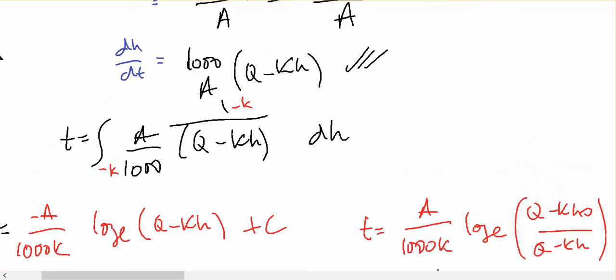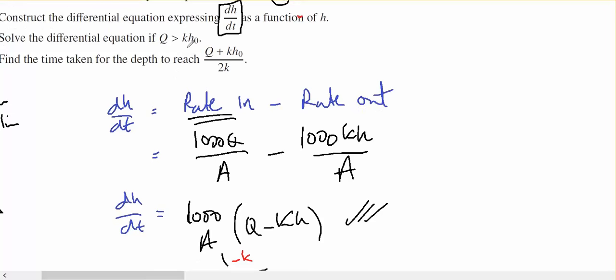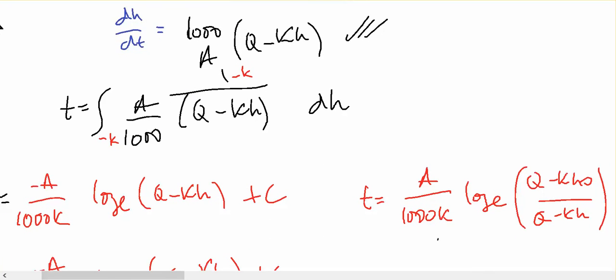Now where it says solve the differential equation, Q has to be bigger than kH, therefore that's going to be positive.